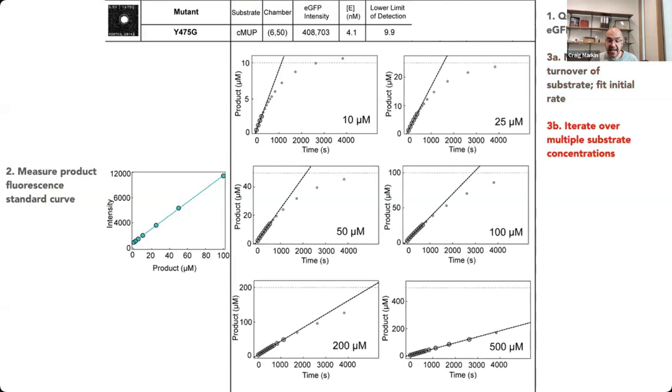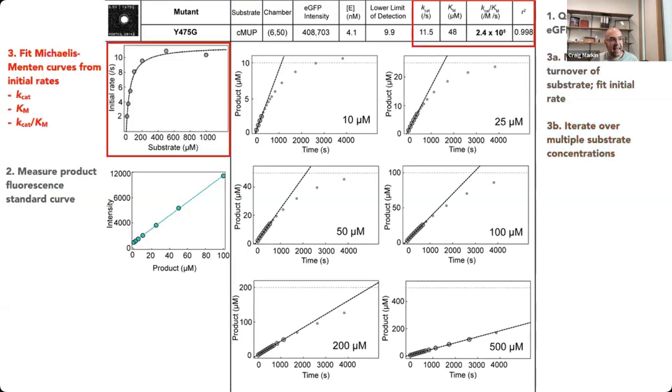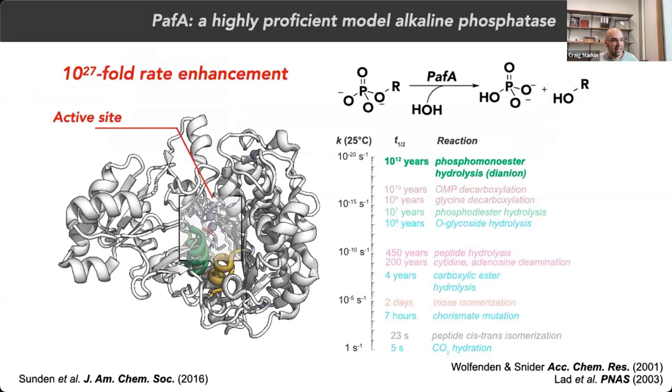And so because the enzyme's immobilized, once the reaction's done, we can remove it from solution again, flow out the product, and then iterate over a series of new substrate concentrations and measure initial rates for each one, and then use these data to fit Michaelis-Menten curves to get the gold standard parameters of traditional biochemistry, Kcat, Km, and Kcat over Km. And so that's the technological basis.